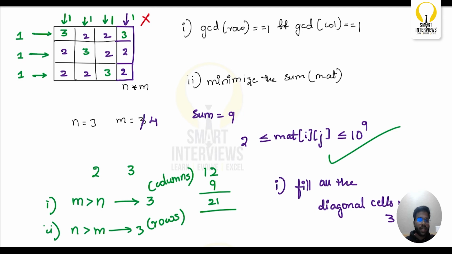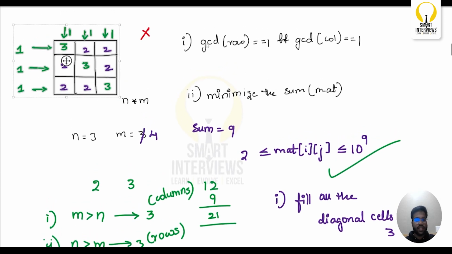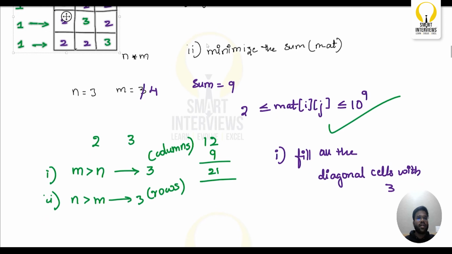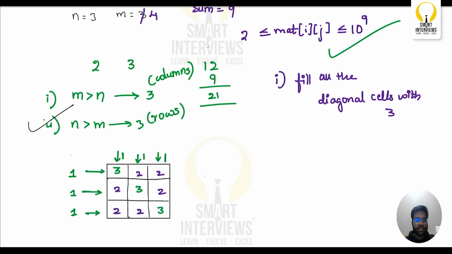Okay, we saw a case for this. Let's see a case for this as well. Now let's say we have this matrix that we have constructed for a square matrix. As of now it is following all 3 conditions given in the problem statement. Now let's construct a matrix for this case.